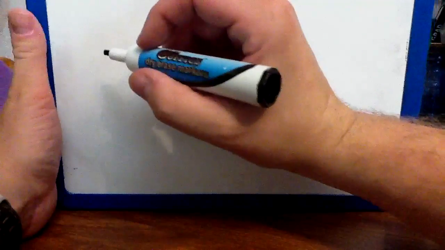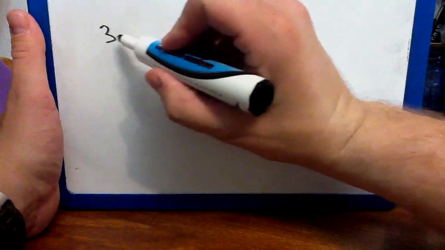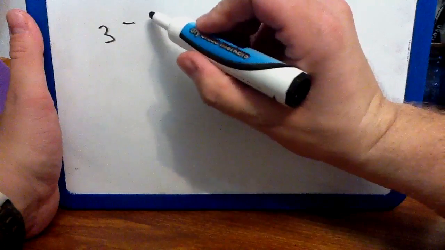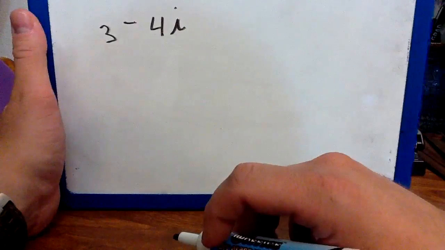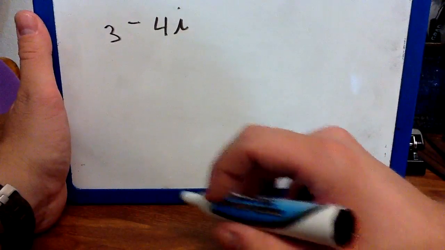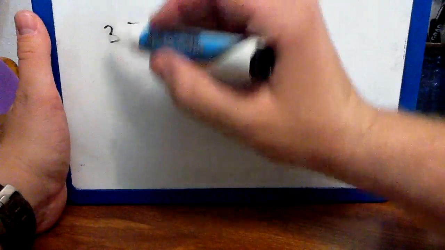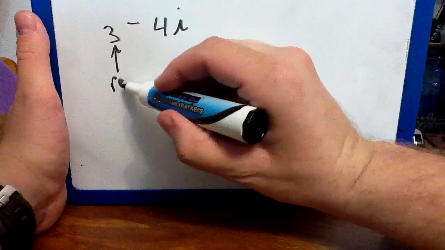So let's just make up a number here. 3 minus 4i. Okay, so this is a complex number. And we have two parts to this complex number. Right here I have the real part. This is a real number.